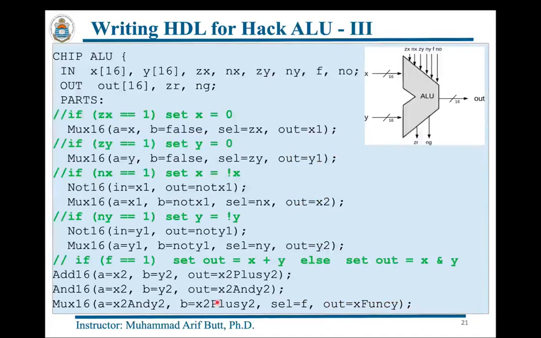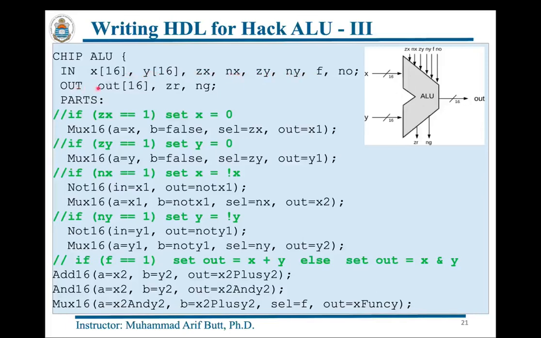Okay, so this is the code. You see the chip interface first. We have two 16-bit inputs, X and Y, and six single-bit control inputs, which determine the operation of the Hack ALU.